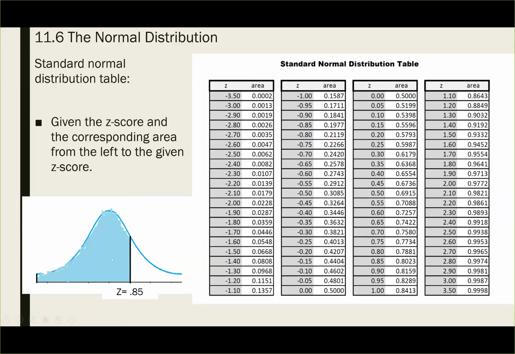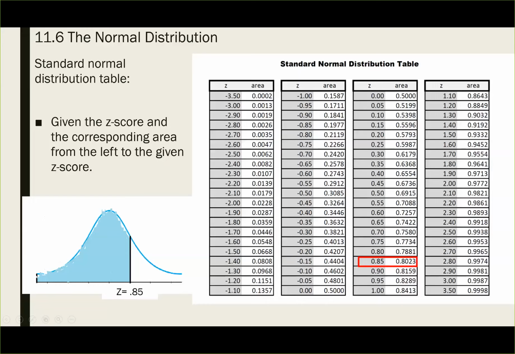So how do we find the area underneath the curve corresponding to the z-score from the left-hand side to that given z-score? First of all, we got the z-score. This is my z-score, and this is the corresponding area to the left of the z-score.